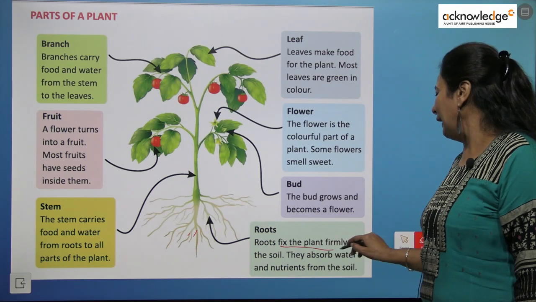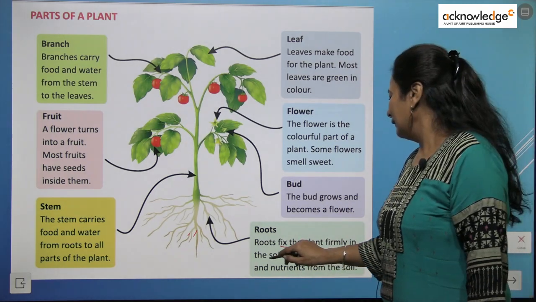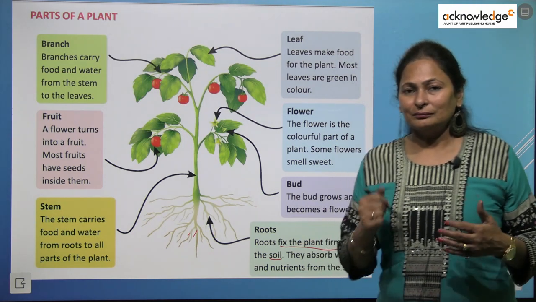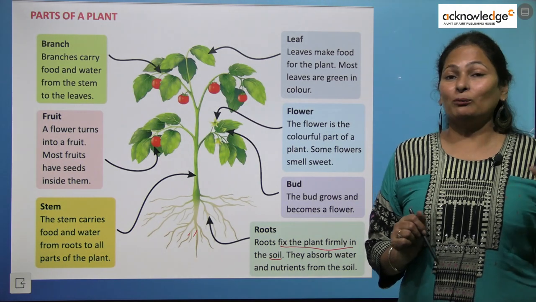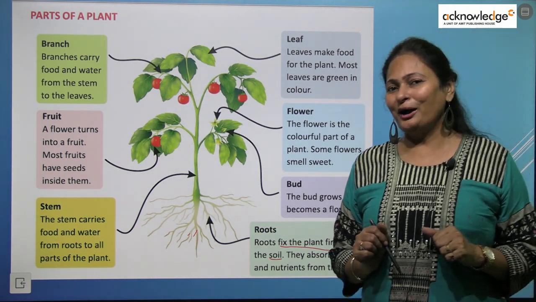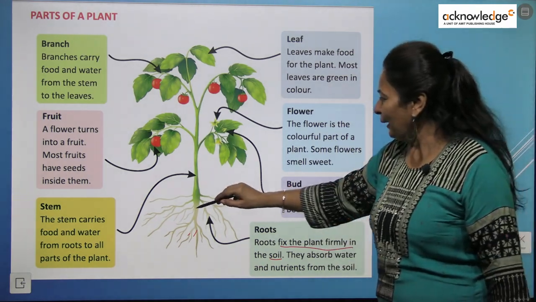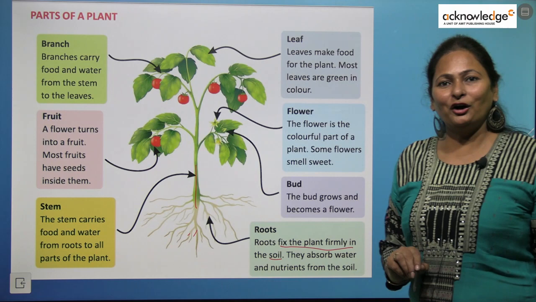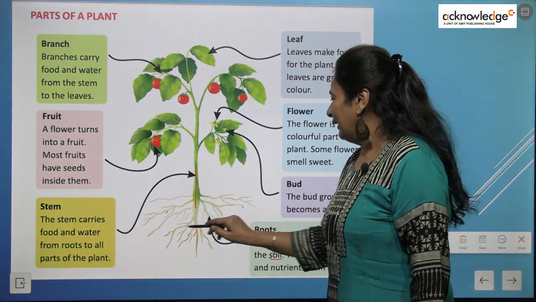Root fixes the plant firmly in the soil. They have one more function to perform. Roots absorb water, minerals and nutrients from the soil and transfer it to stem. So, this is the function of roots. You see so many roots, right?